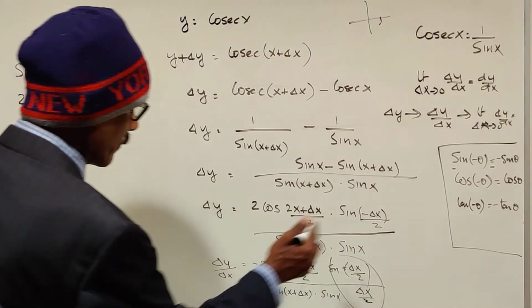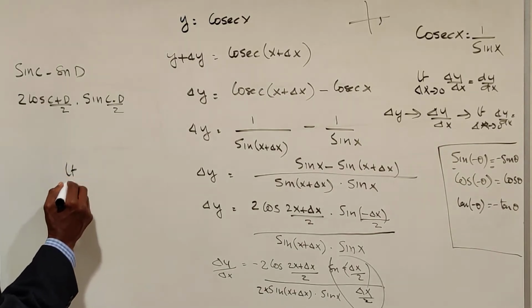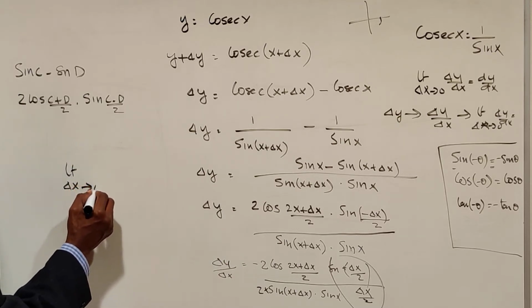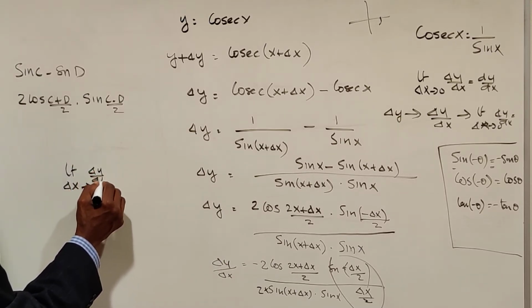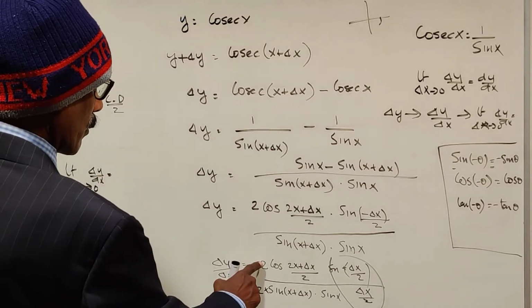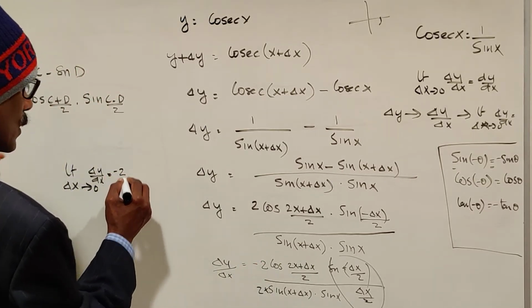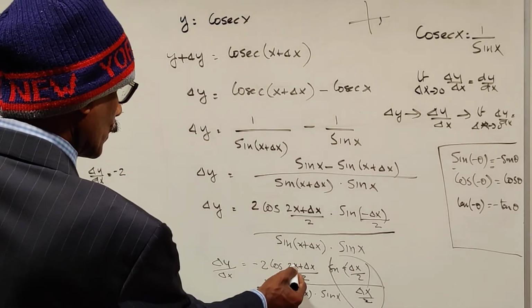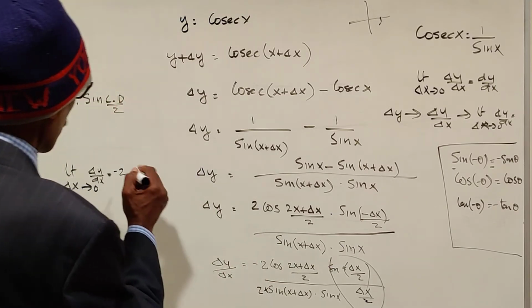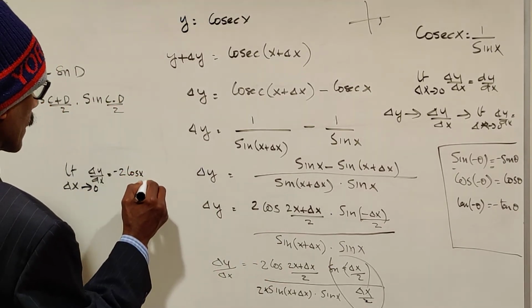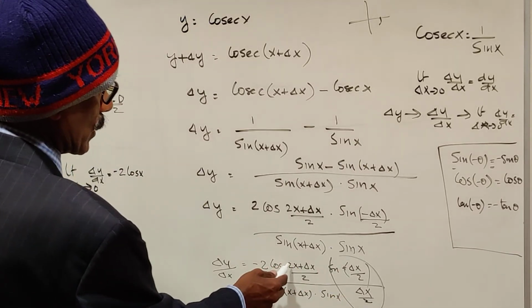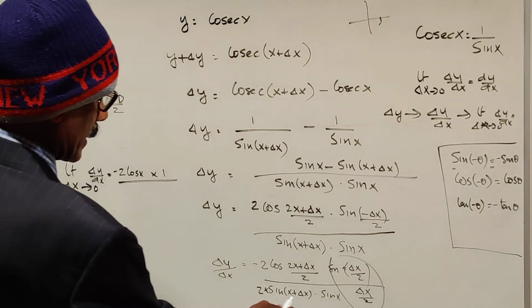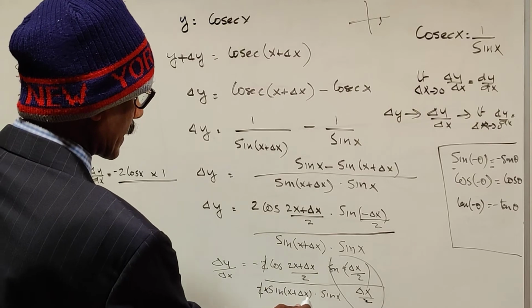After the limit as delta x tends to 0, delta y by delta x is dy by dx, which is minus 2 cos x, the 2 cancels, and the denominator becomes sin x times sin x.